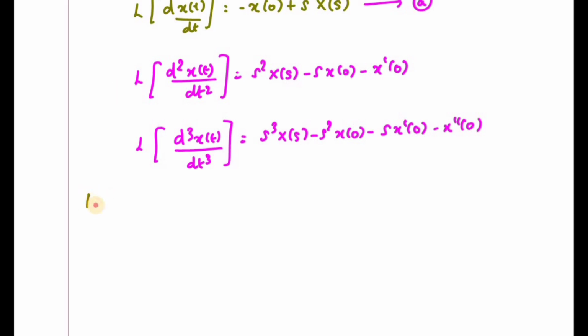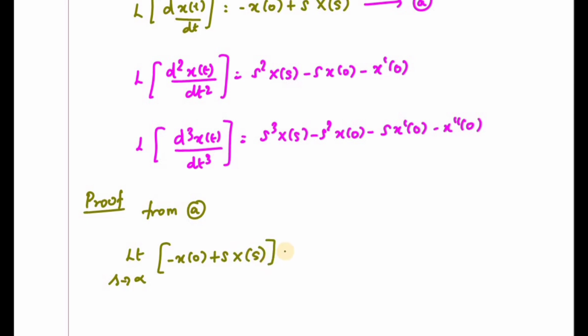So the proof is as follows. From equation A, I'm going to take the limit s tends to infinity of minus x of 0 plus s into x of s.